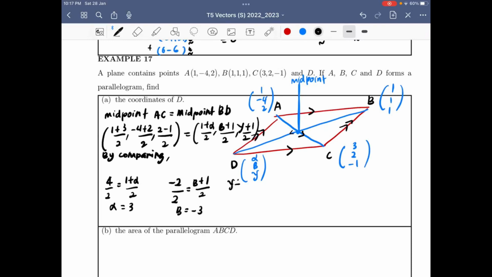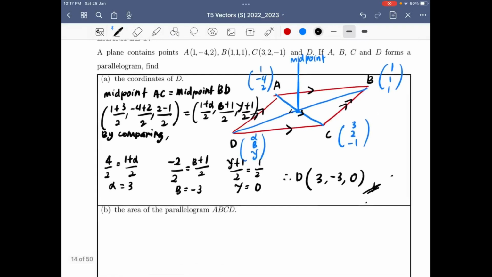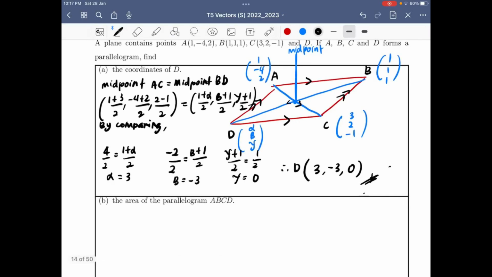And for gamma, gamma plus 1/2 is equal to 1/2. So we get our gamma is equal to 0. Alright. Therefore, we get our point D. The point is 3, -3, and 0. That's the answer.